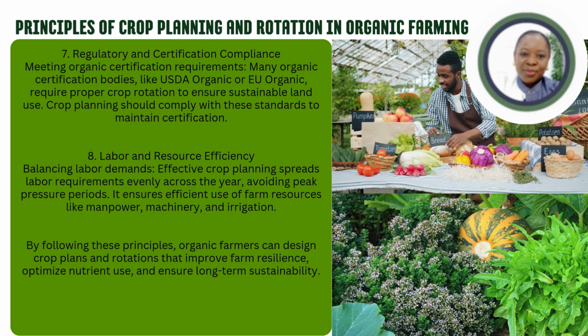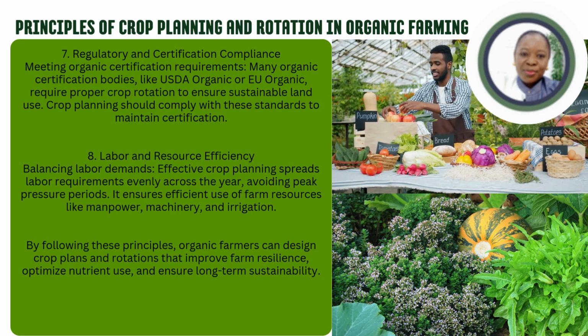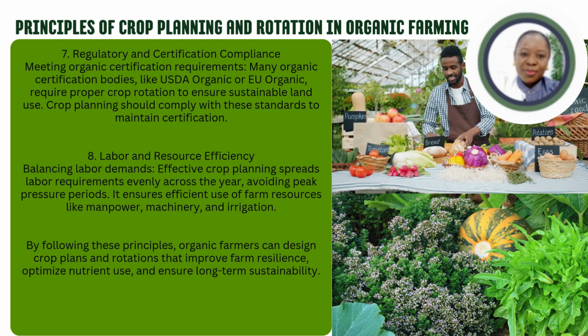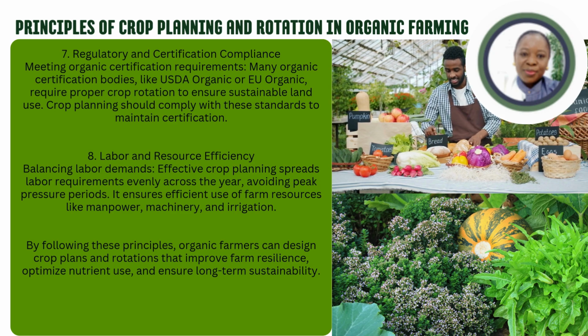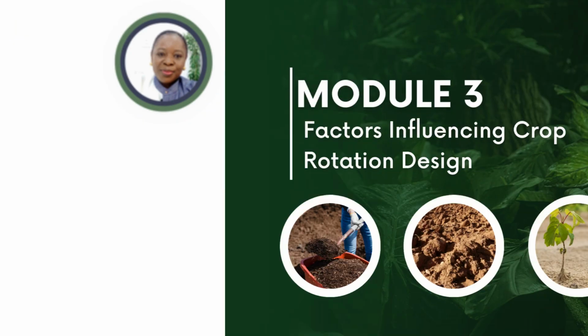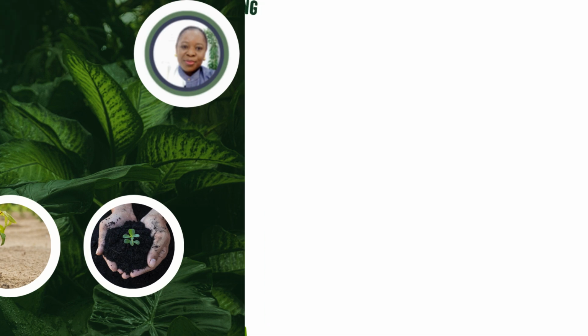By following these principles, organic farmers can design crop plans and rotations that improve farm resilience, optimize nutrient use, and ensure long-term sustainability. Module 3. Factors influencing crop rotation design.